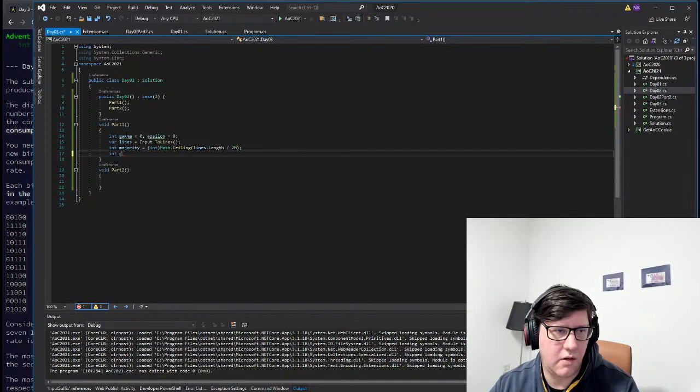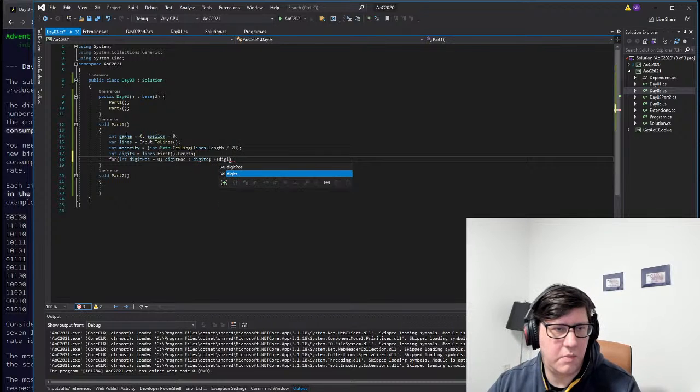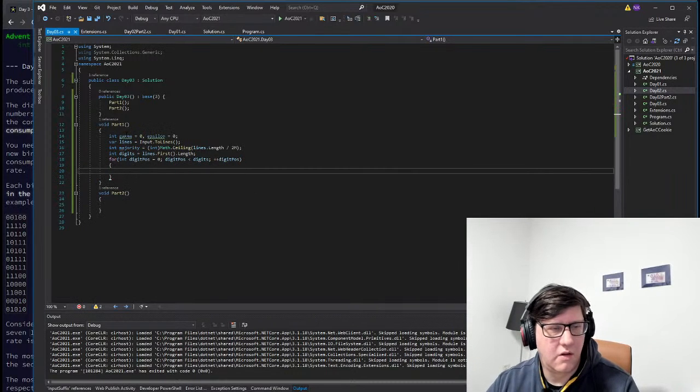So we do int digits is lines dot first dot length. So we can do for int digit pos is 0, digit pos smaller than digits, digit pos. So this is the columns, and now we go for each column.